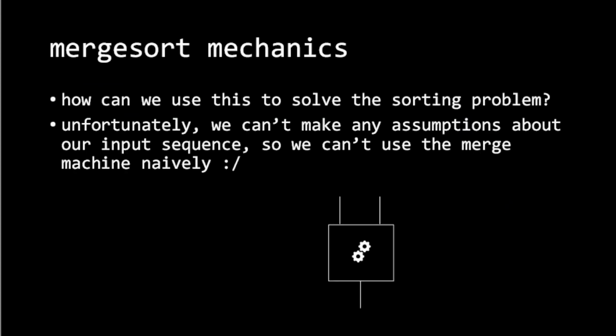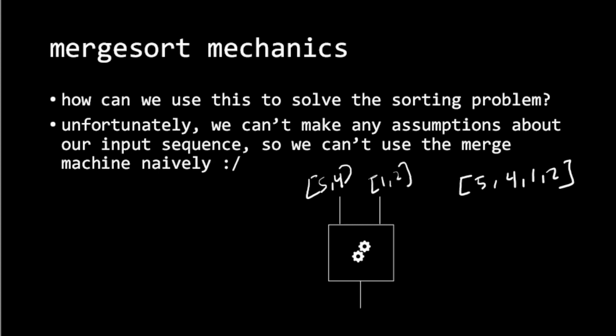Okay, so now back to von Neumann's question. How can we use this machine to solve the sorting problem? Unfortunately, we can't make any assumptions about our input sequence, so we can't use the machine naively. You can't just say, let's say I have some sequence like 5, 4, 1, 2. There's not really any reliable way of naively inputting the sequence here.